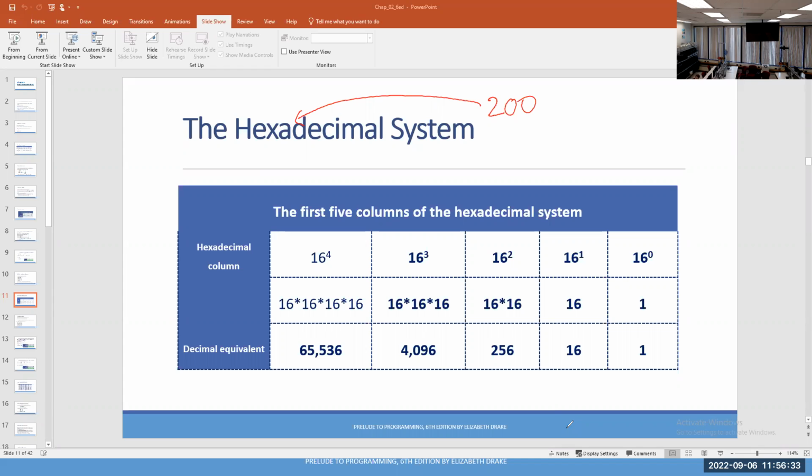Any answer for us? If you want to convert 200 into hexadecimal, what is it?